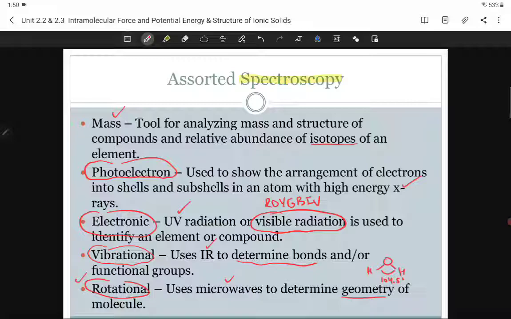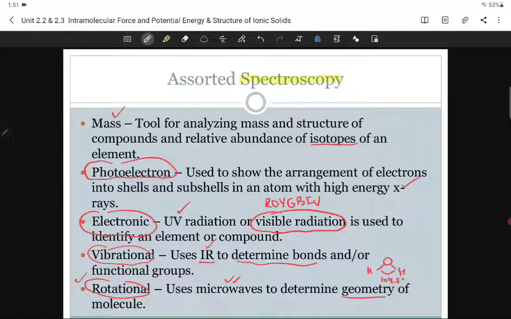It doesn't take very much energy to rotate a molecule, so you don't need to use very much energy. Microwaves actually have very little energy. Infrared, a little bit more energy. So if you needed to do more than just rotate, maybe you need to vibrate atoms, then you might need to use infrared.